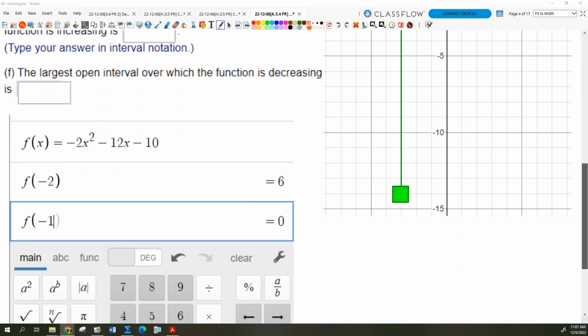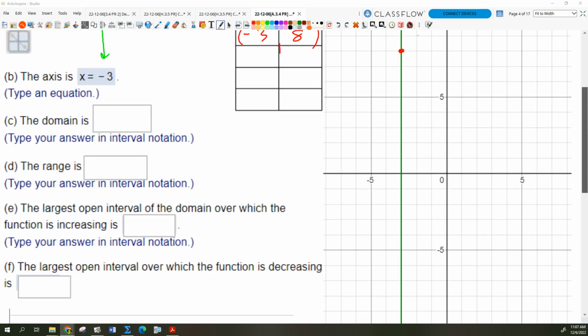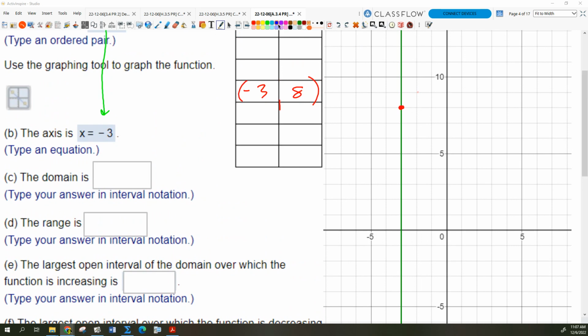So I could type in f of x equals whatever my function was, calculate f of -2, and I get 6, right? Input -2, output 6. So I could just do this, to get a point at -2, +6 right there. That's one way to do it, okay?